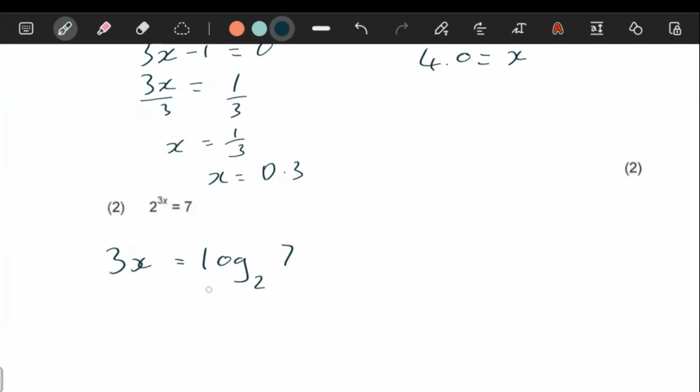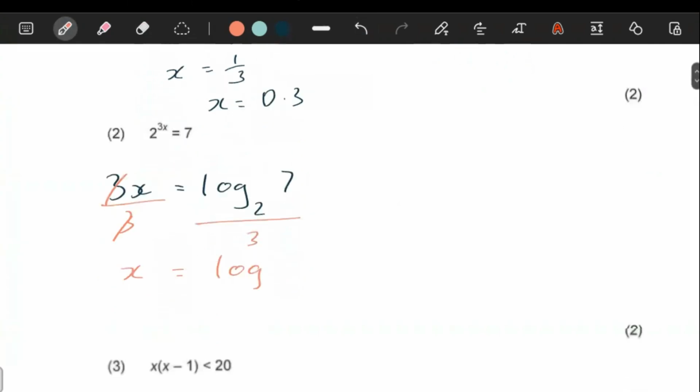Now, obviously, you can divide everything by 3. Divide this whole thing here by 3, and x is going to be left on its own. You're going to have your log with the 2 here and the 7, everything over 3.